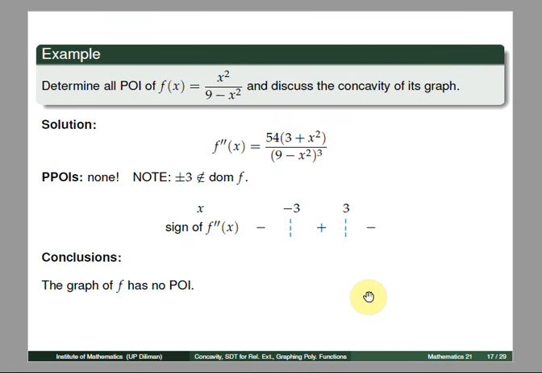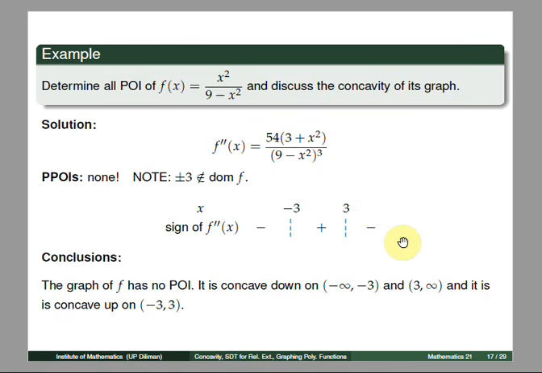Okay? So from this, we conclude that the function is concave down on the intervals negative infinity to negative 3 and 3 to positive infinity, and it is concave up on the interval negative 3 to 3.